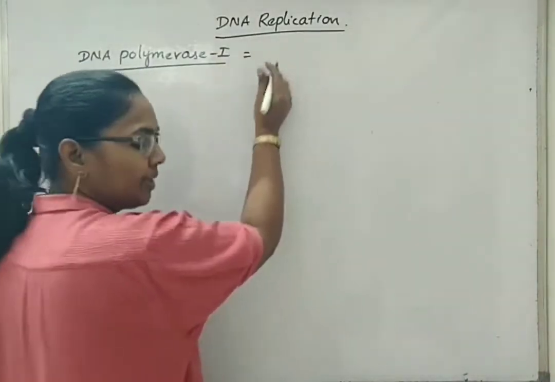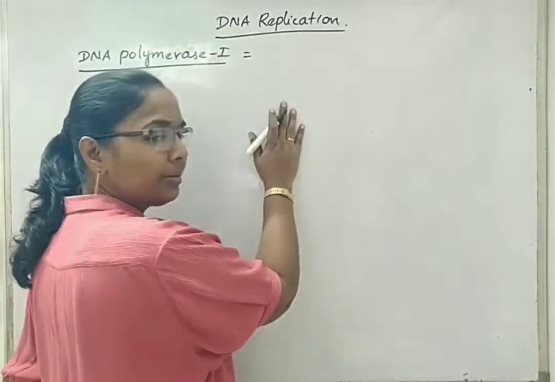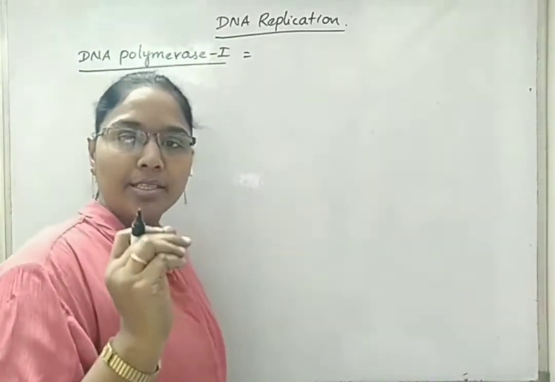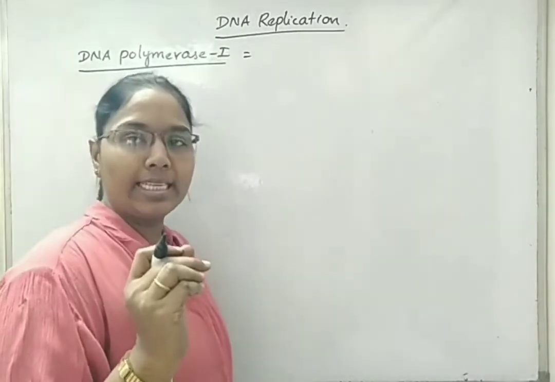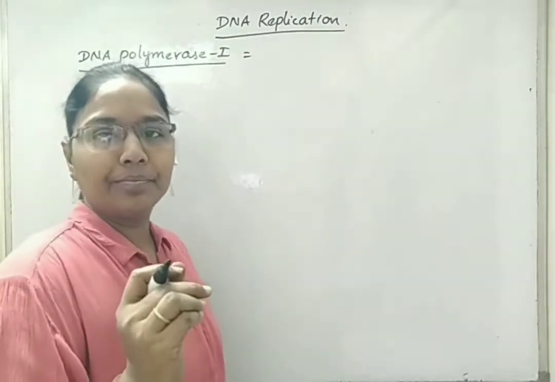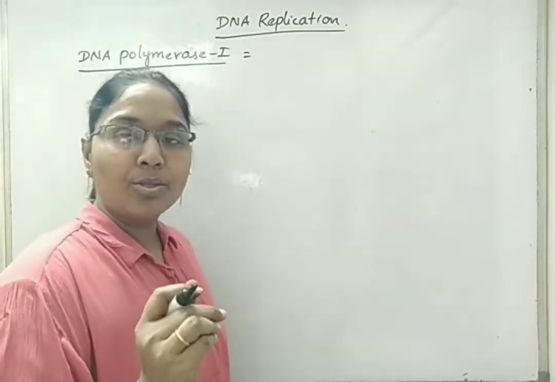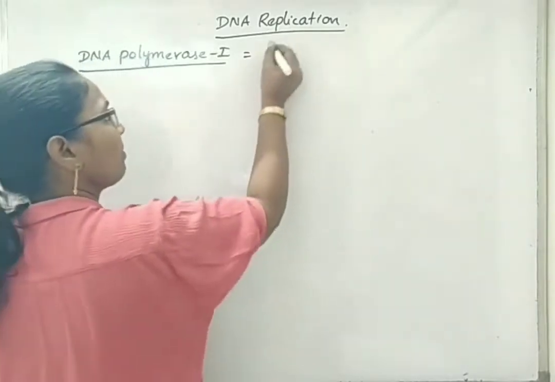DNA polymerase was first discovered by Kornberg. So this type of DNA polymerase is also called Kornberg's enzyme. This also functions as a proofreader. DNA polymerase 1 also has exonuclease activity.